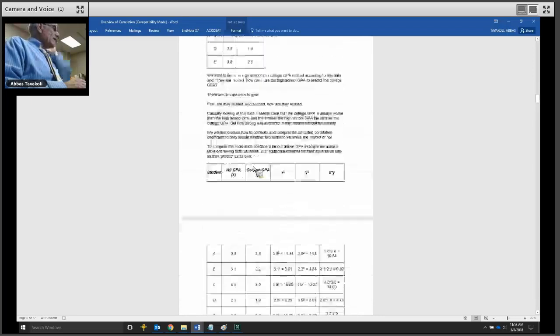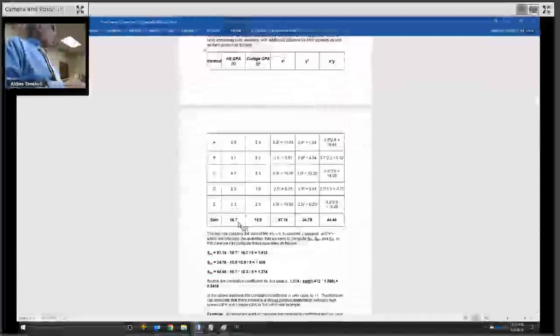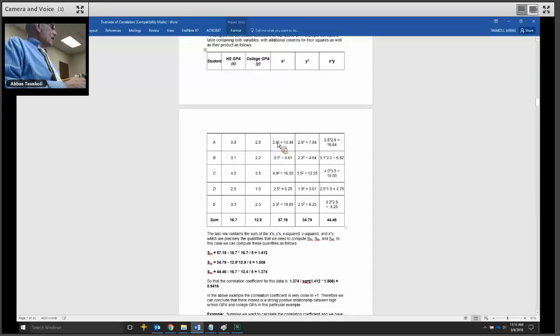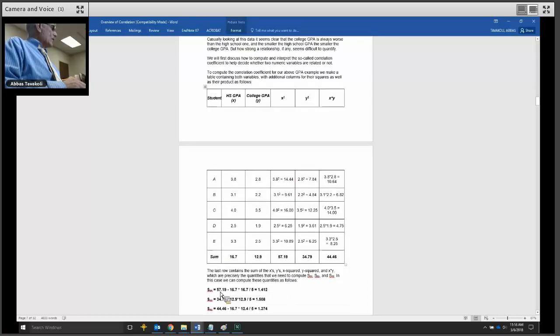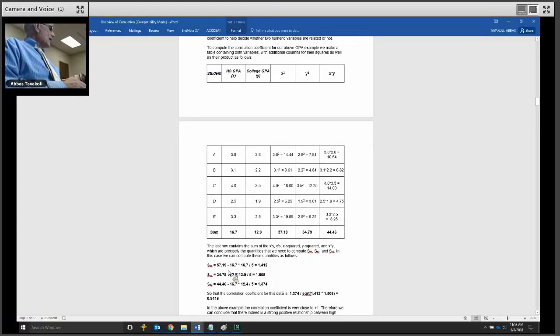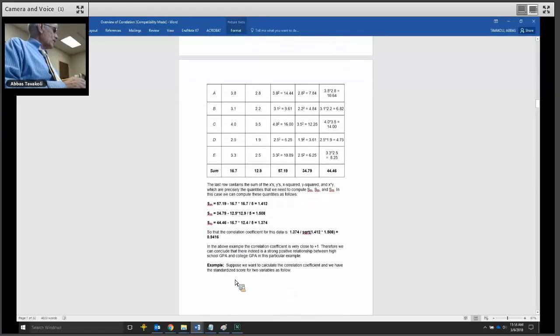In this example, squaring each value and adding up, you got 57.9, then minus 16.7 times 16.7 divided by n, which is 5, you got 1.42. The same way, we calculate SYY and SXY and use the formula, and we got 0.94.